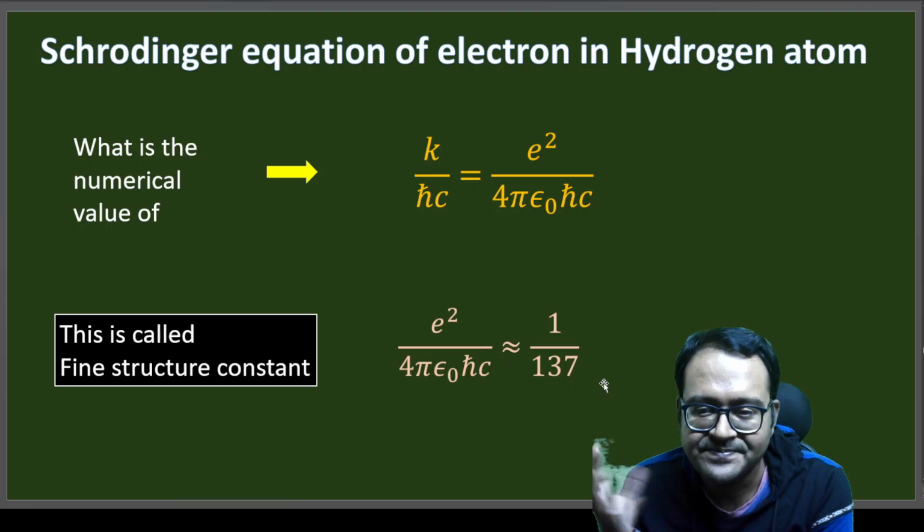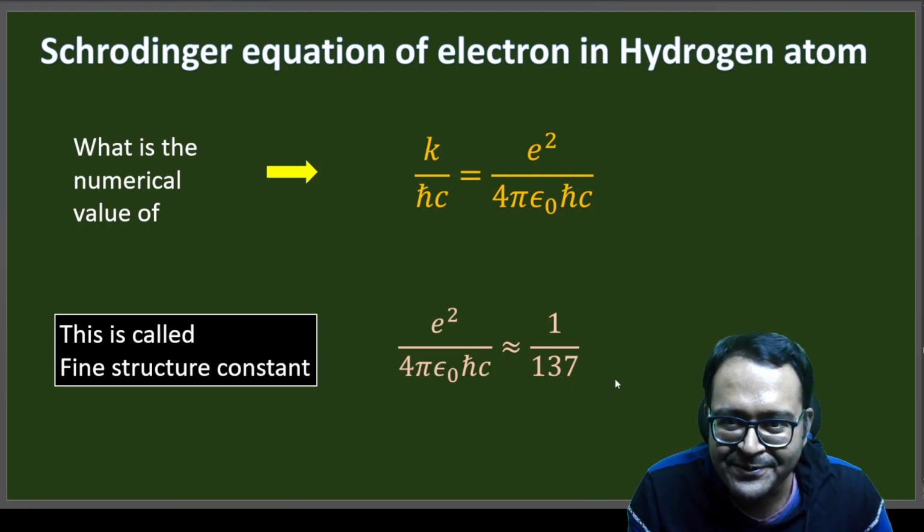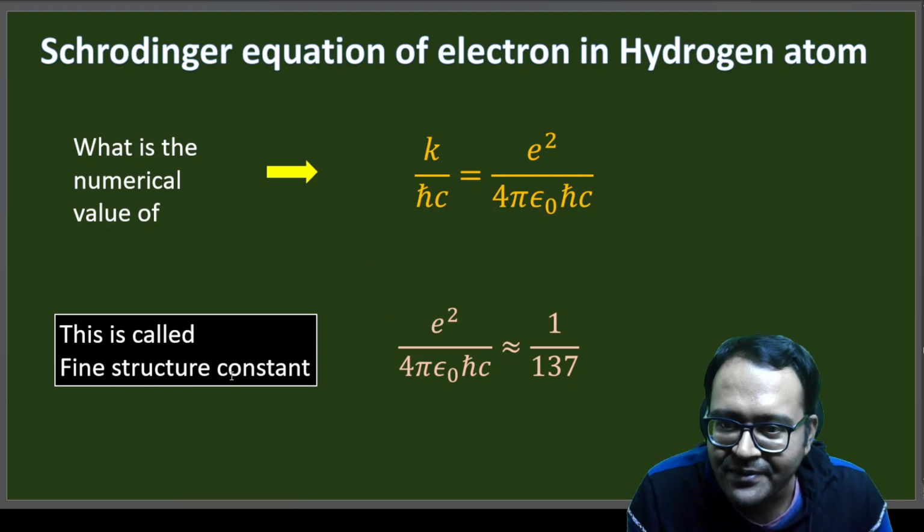Without knowing all this, we just have an elementary estimation that this 1 by 137 may come from nature. Nature may have some secrets built around this. Whatever system of units you take, the ratio of these quantities will always be 1 by 137, independent of the units. That's why it's dimensionless. It is generally called the fine structure constant.